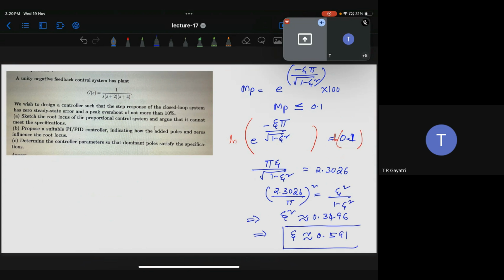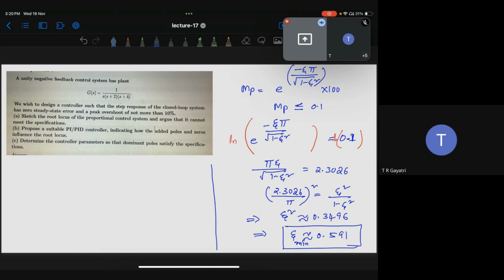That is the minimum damping ratio we need so that the system does not make the peak overshoot more than 10%. So the zeta requirement is 0.591 minimum; more than that is also fine.